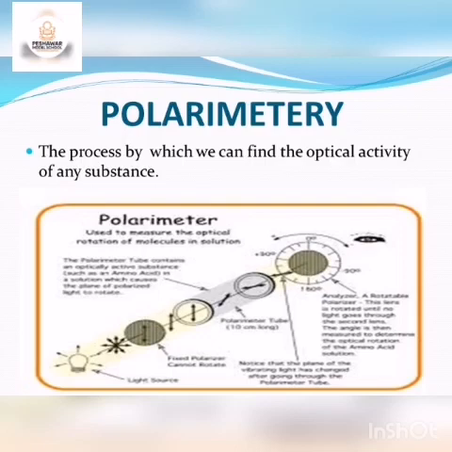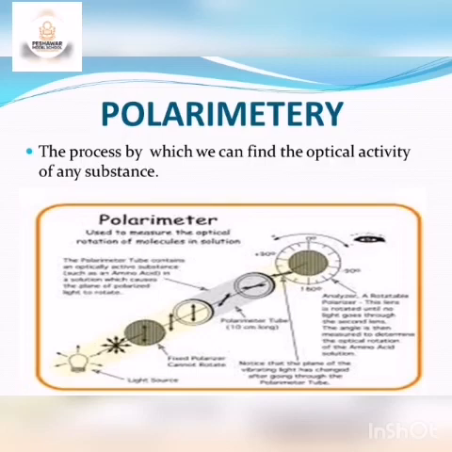Here is a source of light and here is a polarimeter. It means that if the light passes through any substance or sample solution, and it rotates, whether clockwise or anti-clockwise, then that is optically active.